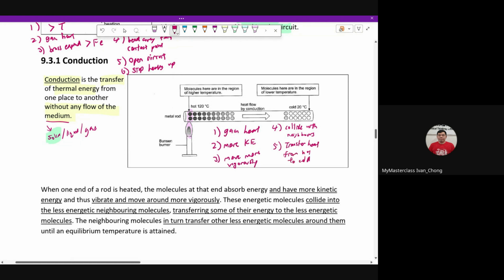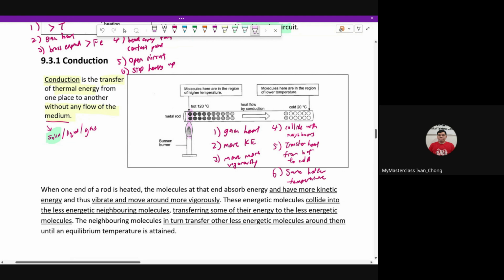What happens at the end is that your whole metal becomes the same temperature. Eventually you'll reach the same, hotter temperature. You constantly gain heat, bump into your neighbors, transferring your heat.